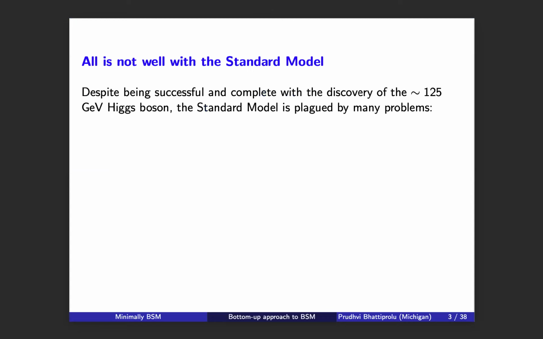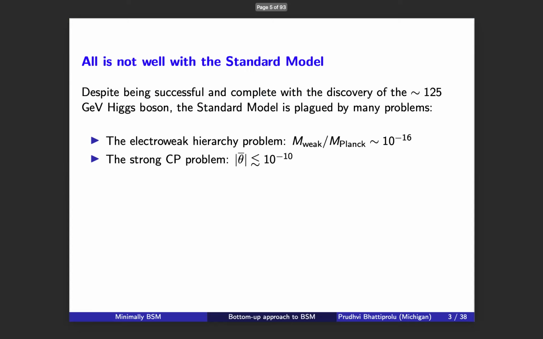So, although the standard model is now complete with the discovery of the Higgs boson with a mass of 125 GeV, we know that that's not the full story because there are still many mysteries that need to be addressed. In particular, there is the electroweak hierarchy problem, which is the origin of the weak scale. Why is that scale so much lighter than the Planck scale?